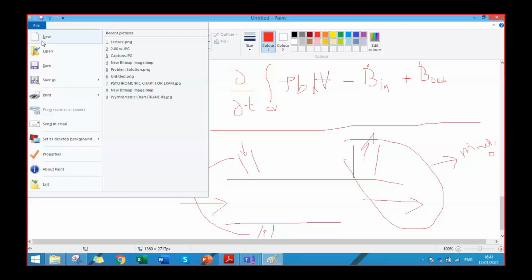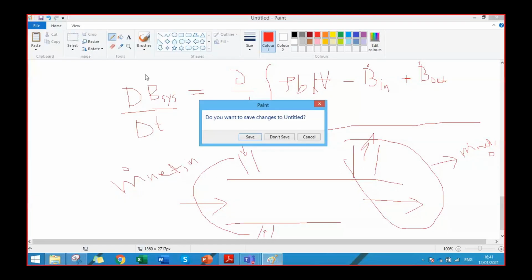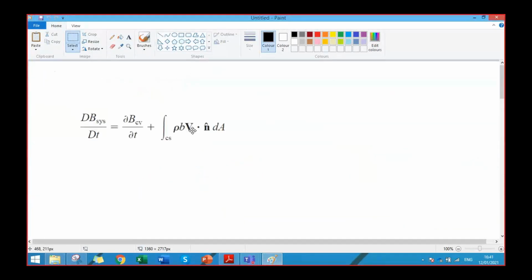So what we have done, we have combined the B dot out term minus B dot in term. How we have done this and what's the explanation behind that is like this. I will explain it with one B. We know that B dot out is rho area into velocity, right?